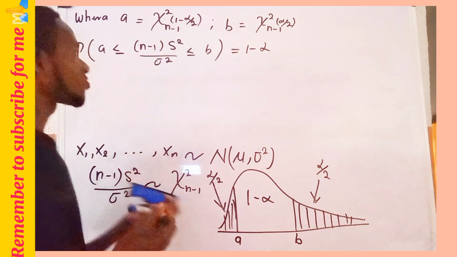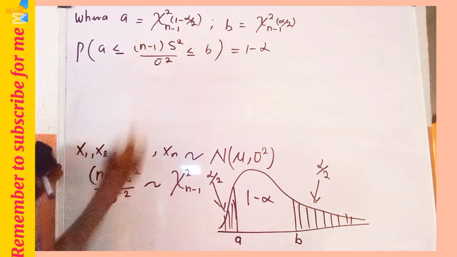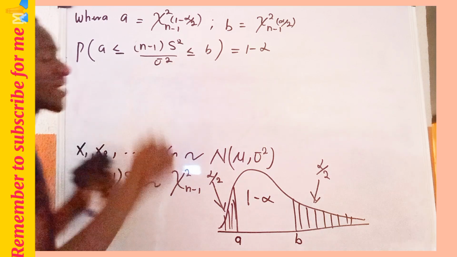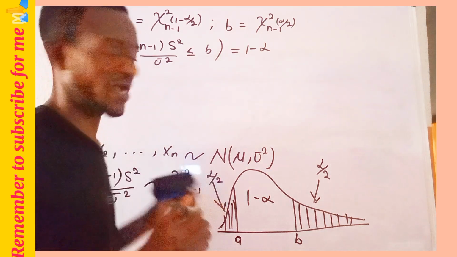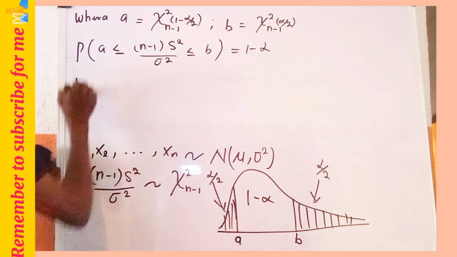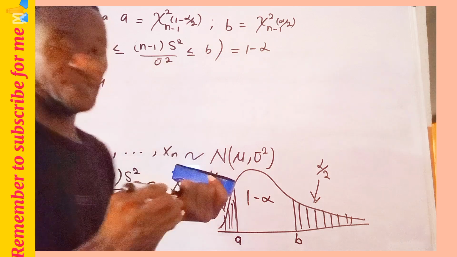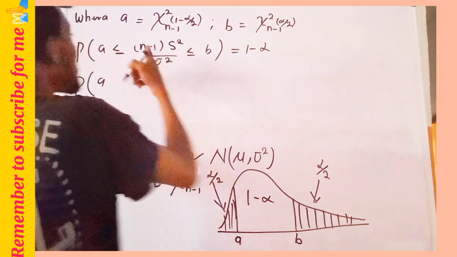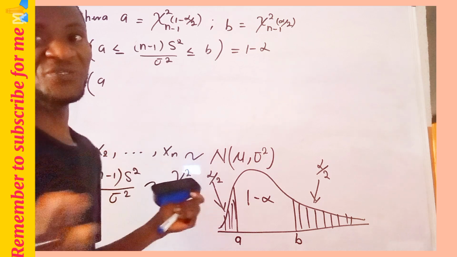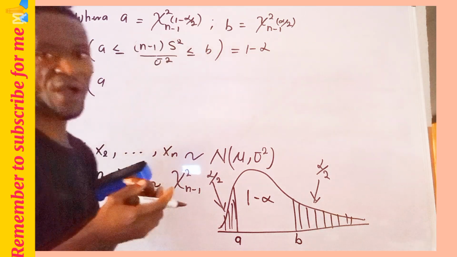Okay, so what else now? I am not interested in constructing a confidence interval for this quantity. Instead, I am interested in constructing a confidence interval for sigma squared. So this becomes: the probability that A, I want to remove this n minus 1 multiplied by s squared. So I am going to divide both sides by n minus 1 s squared.